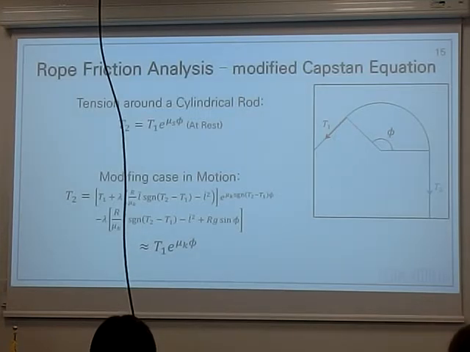Therefore, we cannot apply the rope friction equation for the rest case. So we modify this rope friction equation for the case in motion, which can be written as the following equation. Under the approximation that the linear density of the string is negligible compared to the tension term, we can approximate this to a form similar to the equation that we discussed earlier.